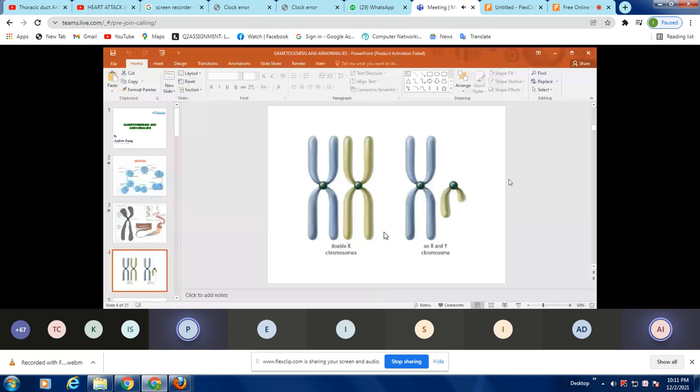Okay, what I want to explain is that if you can see the double X chromosome, it is for the female. You see one X and one Y for the male. Have you ever heard where they say that the male is the determinant? Does the male determine the sex? Yes.